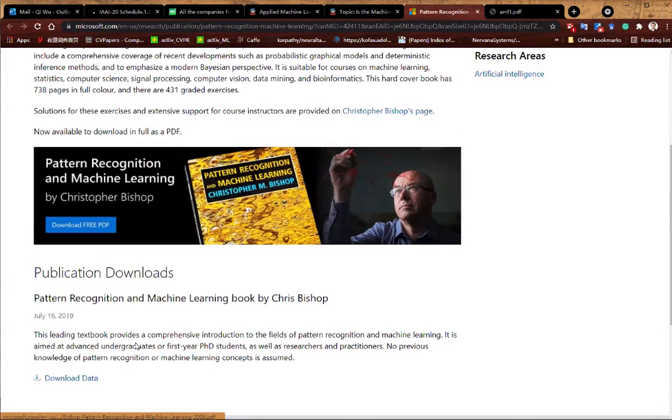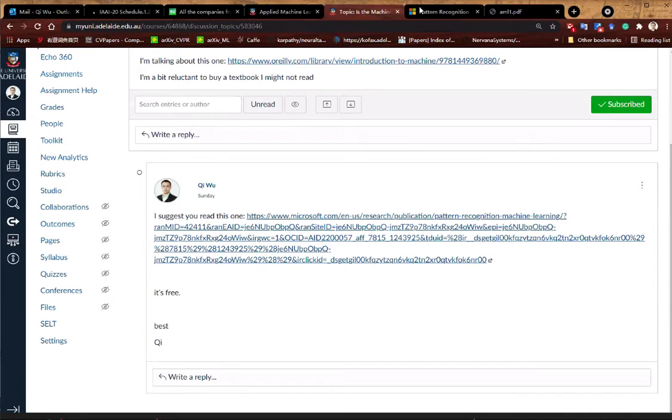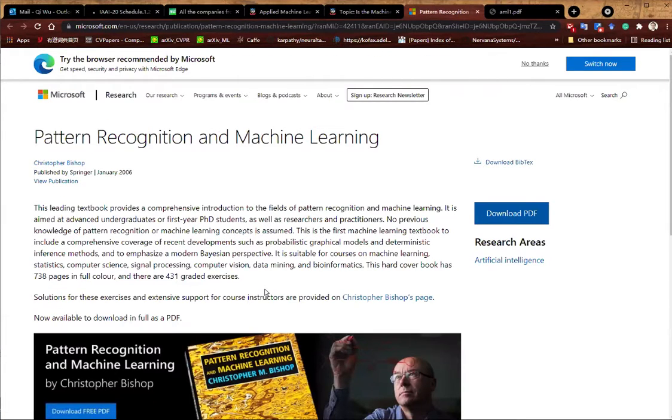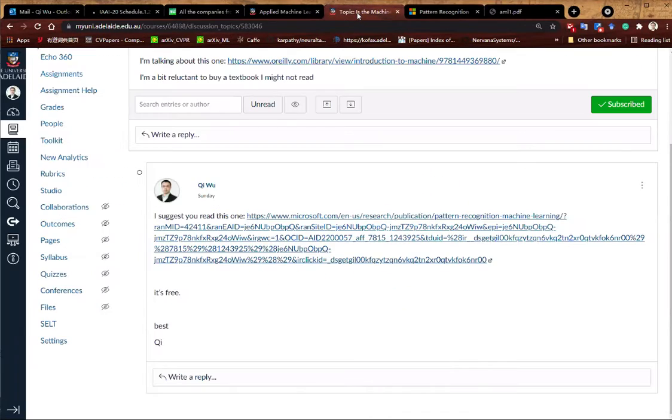You can download this book for free. This is a very good book. But I don't think it teaches you how to use a Python package to implement the algorithm. It's basically about the mathematical theory of different machine learning techniques.